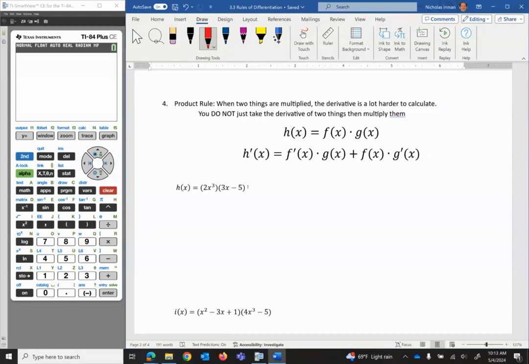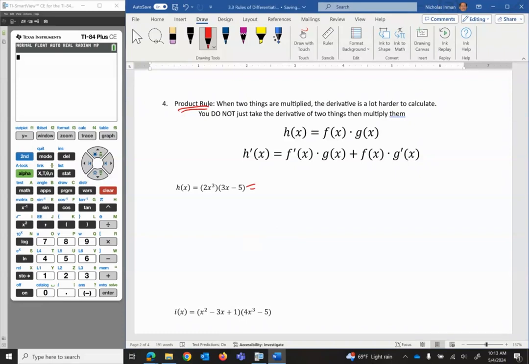All right, so if you have two things multiplied, we have to use this thing called the product rule. All right, two different things multiplied, we use the product rule. Okay, you do not, I repeat, do not just get to do the derivative of each one individually. Not the power rule, the product rule says this.